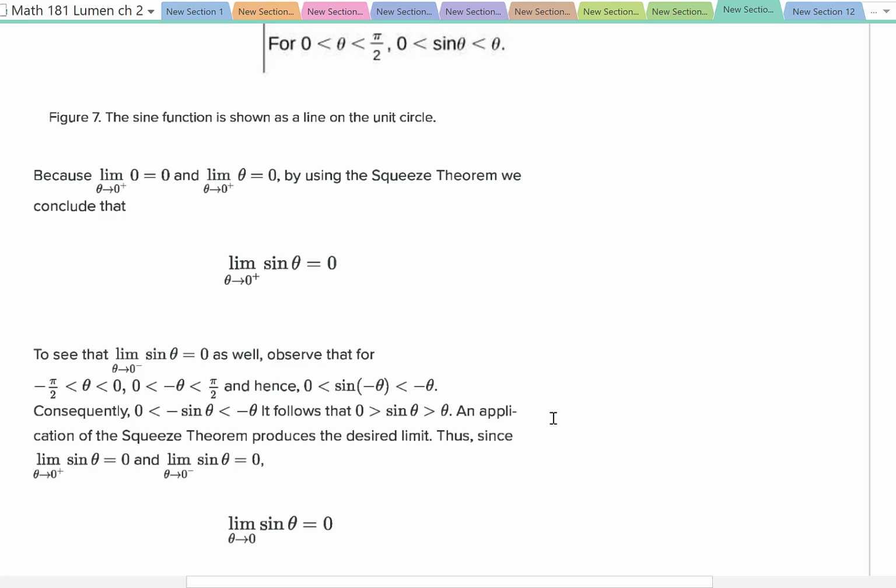By the Squeeze Theorem, we're looking at both sides of that. The limit for 0 is going to be 0, for theta is going to be 0, so for sine it is also 0. That's our limit.